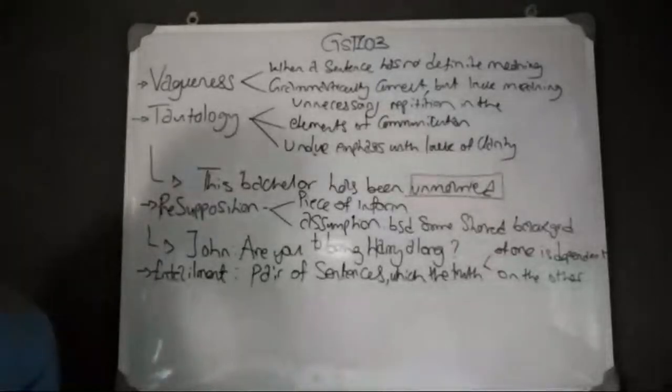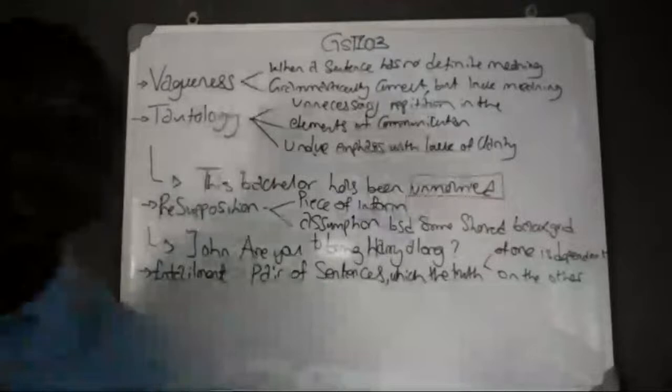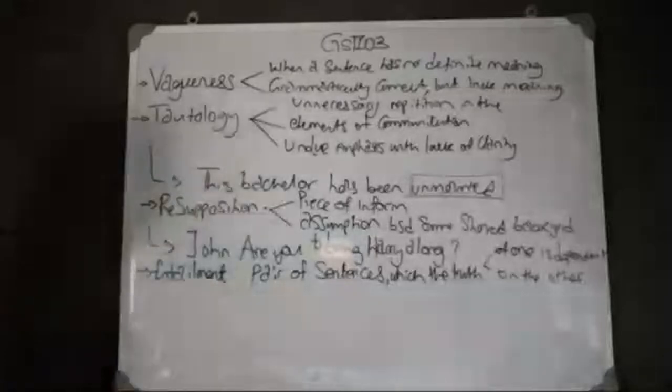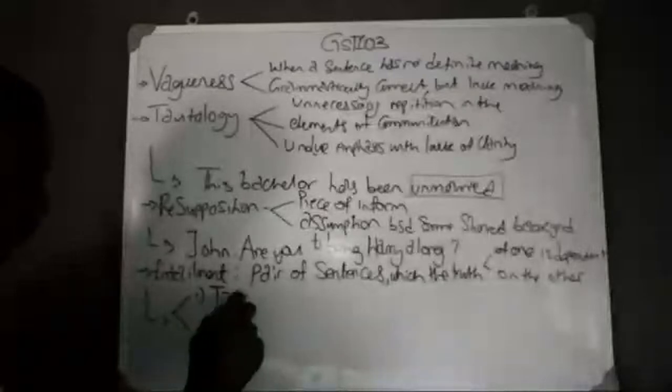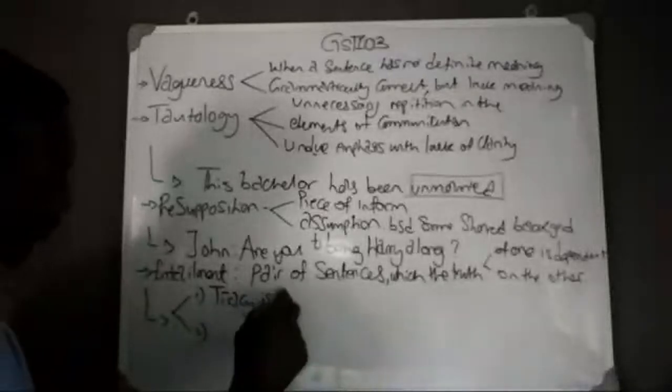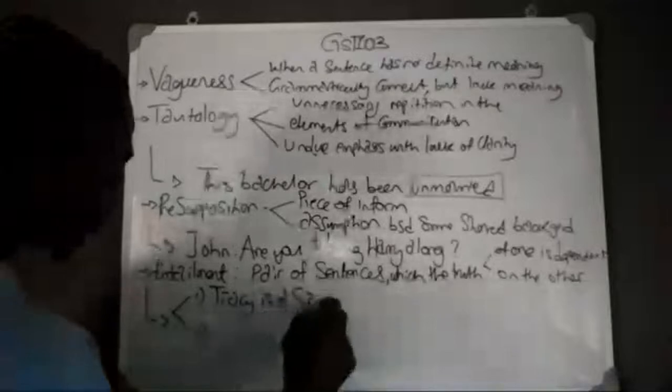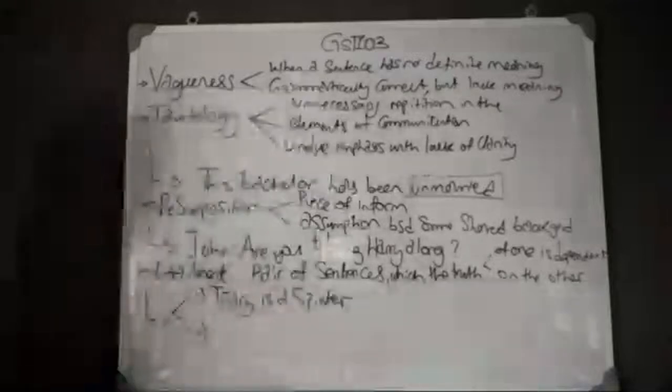Now let's proceed. Under entailment, Tracy is a spinster. Now, Tracy is a female.